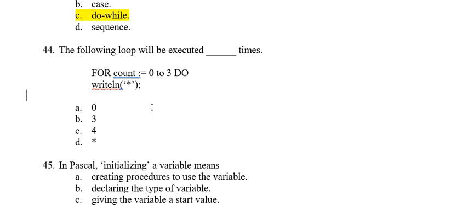So the answer will be number 4. So that's the answer. Because it's not from 1 to 3, but from 0 to 3. It will be 0, 1, 2, 3. So how many times is that? It's 4 times.